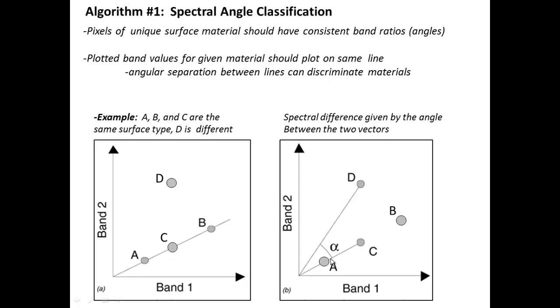It's the angle in radians between the vectors that define these two surface types. So when we use this as a classification tool, you'll see in a minute, we're going to define a threshold for alpha and say if any two pixels have spectral angles that differ by more than some predefined angle, then they're going to be in different classes.